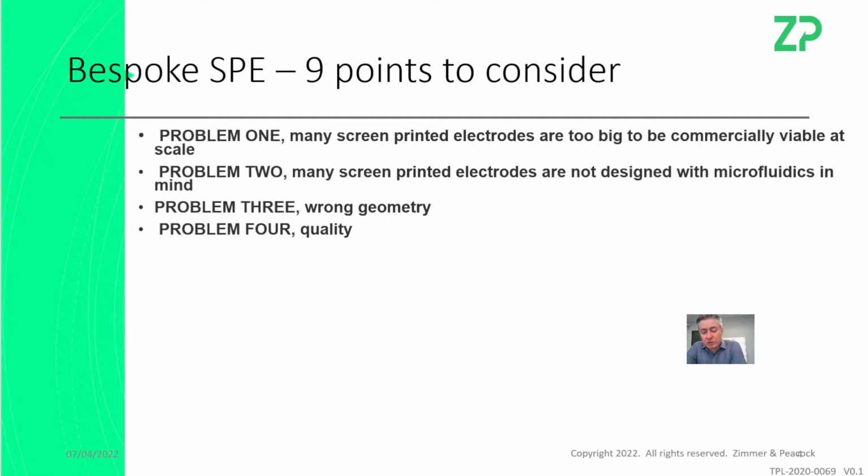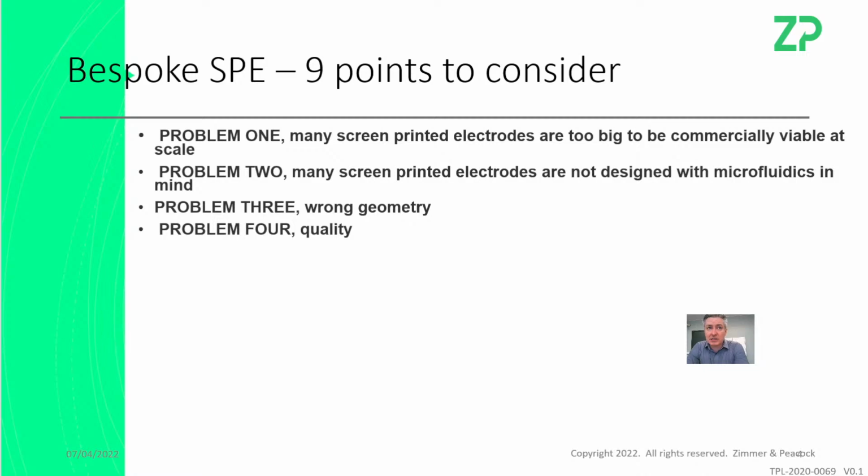Problem number 4 is quality. If you're asking for a custom electrode, you might only want 100, 500, 5,000. So you're asking for essentially low volume manufacturing, but actually you would really like high quality. And that's a real problem, that you can only really get high quality with high volume and paying a lot of money.